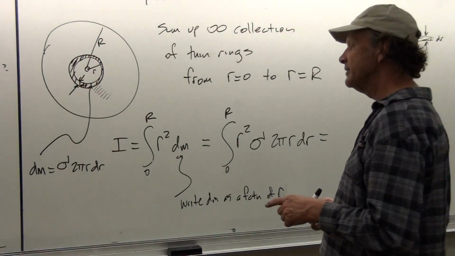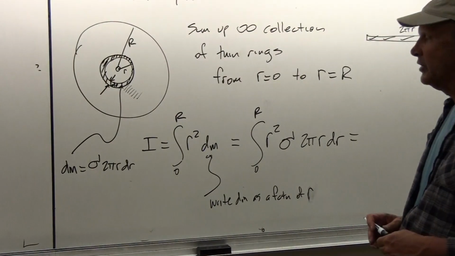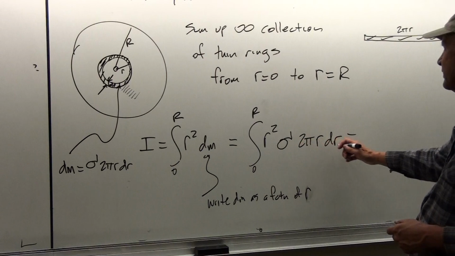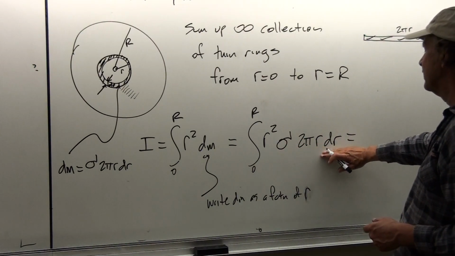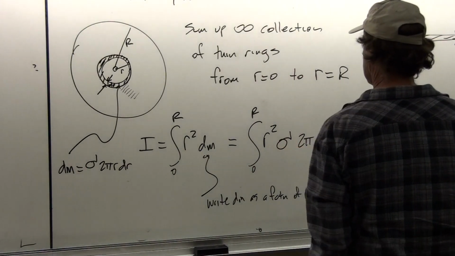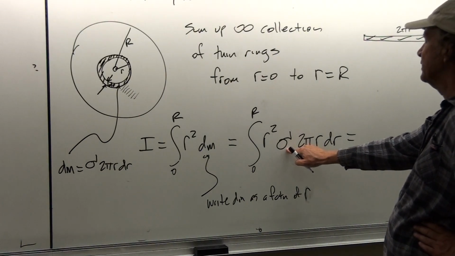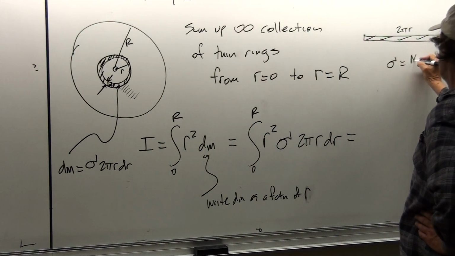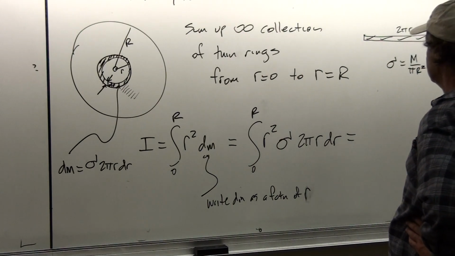The trick in a physics class is to understand where these expressions are coming from and to be able to write them down and understand and see that they make sense and that this really is the same thing as a little bit of mass of that ring. Okay, so when we do this integral then, we're eventually going to take sigma and write that sigma is equal to total mass divided by pi big R squared, because that's the total area of a cylinder's cross section.